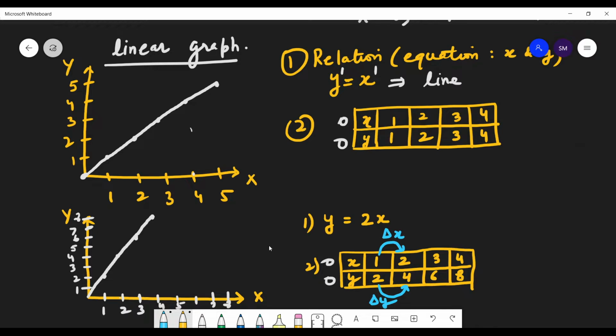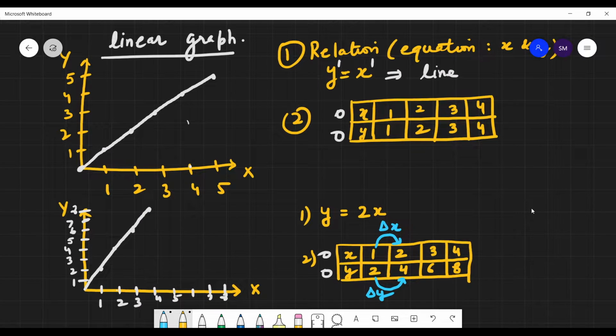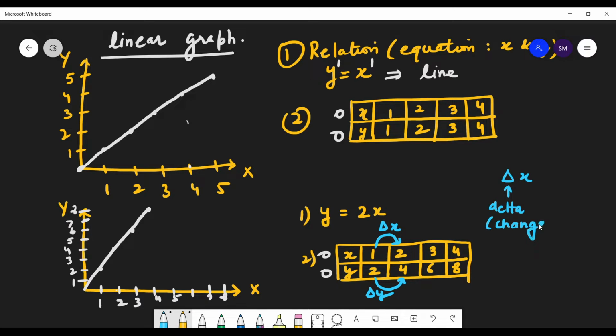An important point here is that when the change in x, so this is delta x, this delta looks like a small triangle. It's delta, it is a Greek symbol. So the name of this symbol is delta, and it means change in.